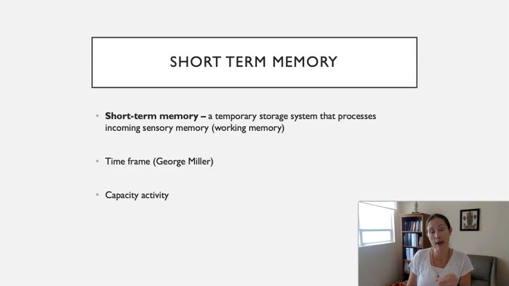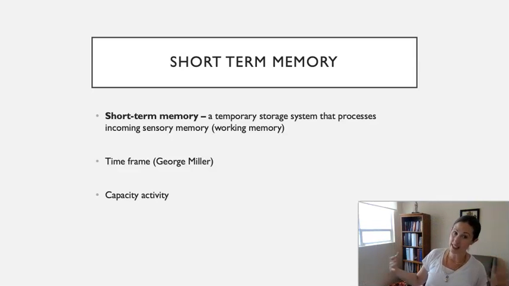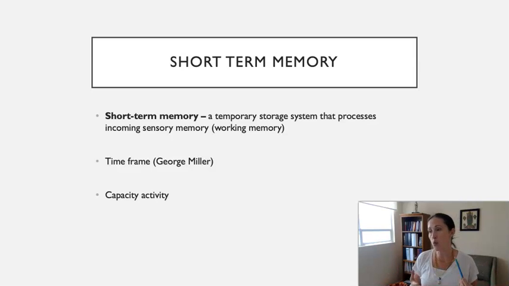For the capacity, how much information you can fit into your short-term memory, that is 7 plus or minus 2, which means anywhere from 5 to 9 pieces of information. Again, this is if you are not trying to expand the capacity of your short-term memory. And there are different ways you can expand it.